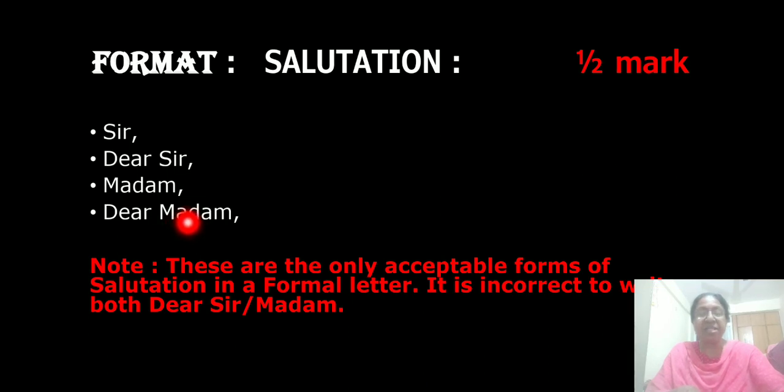Do not write dear ma'am. Again, remember, no short forms are allowed. It is also incorrect to write both dear sir / madam. The only acceptable form is sir or dear sir for male, madam or dear madam for females.